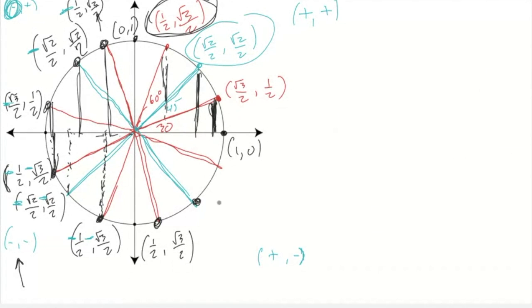And then this is the same thing, root 2 over 2, root 2 over 2. Last one here, x is longer, so it's root 3 over 2, 1/2. Now here it tells us the y's are negative because it's in the fourth quadrant. So negative, negative, negative, that's it.